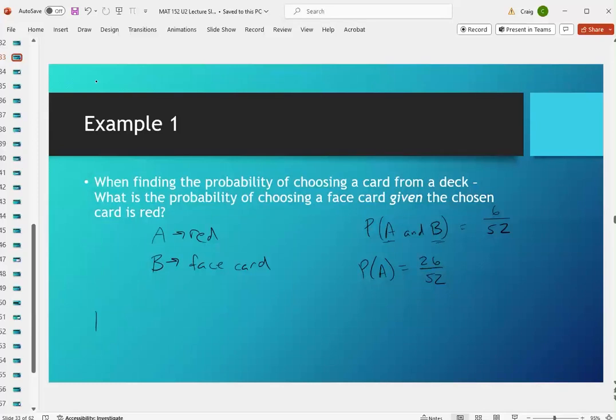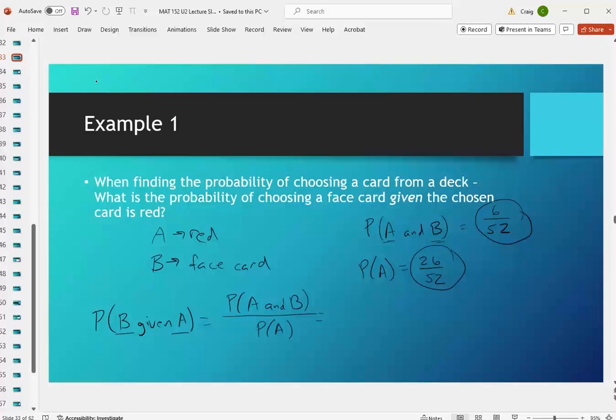And so we can determine that the probability of choosing B given A, right? So the probability of choosing a face card given that it's red is equal to the probability of A and B, so the probability of choosing both from the entire deck, divided by the probability of just choosing A. Okay, and so if we do that, remember in the previous example, we did it just by counting how many cards there were.